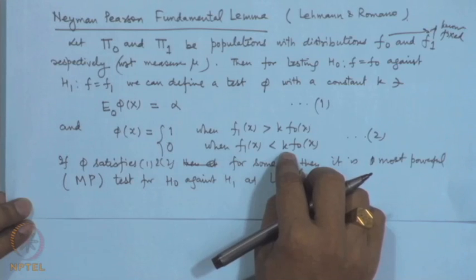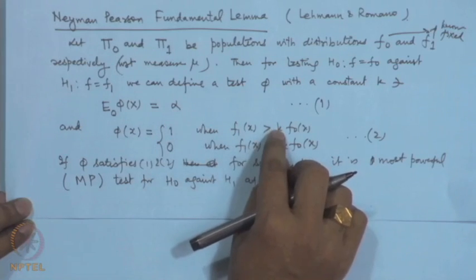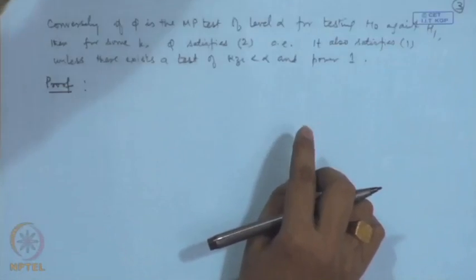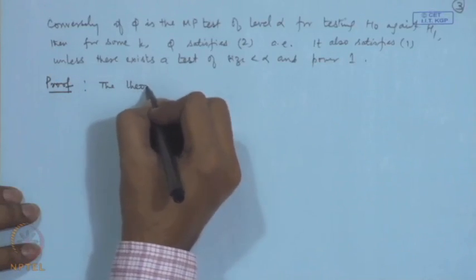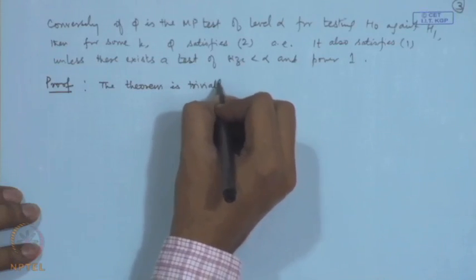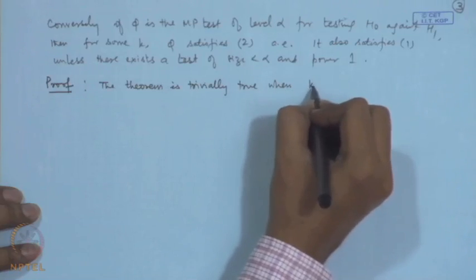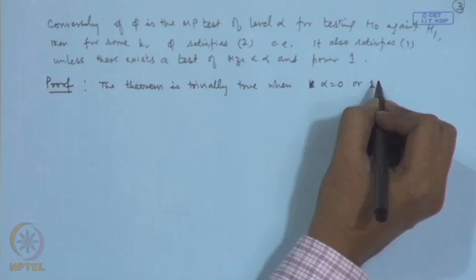If I take alpha is equal to 1, then we should always reject and then we can take k as equal to 0. Therefore, these two cases are trivially true. The theorem is trivially true when alpha is equal to 0 or 1.